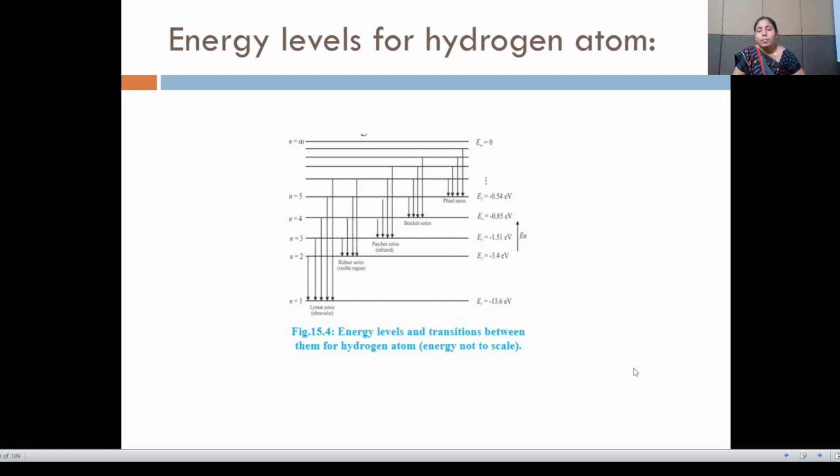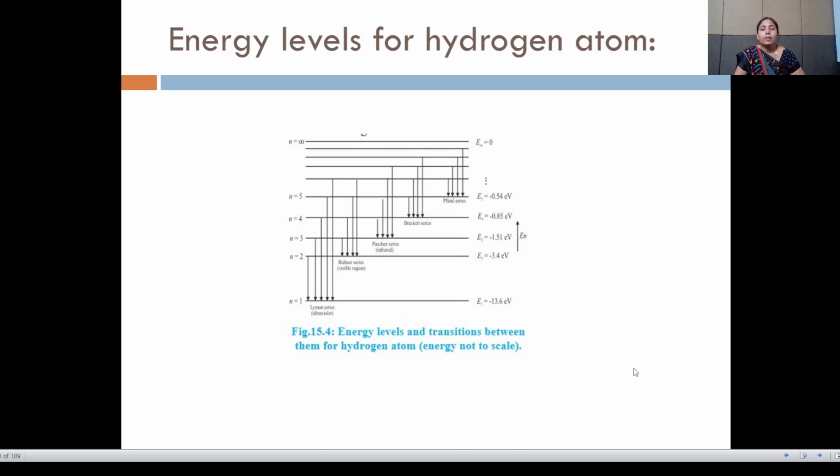So by putting the value into the formula, we will get E2 is equal to minus 3.4 electron volt. Then by putting n is equal to 3, we will get E3 is equal to minus 1.51 electron volt.